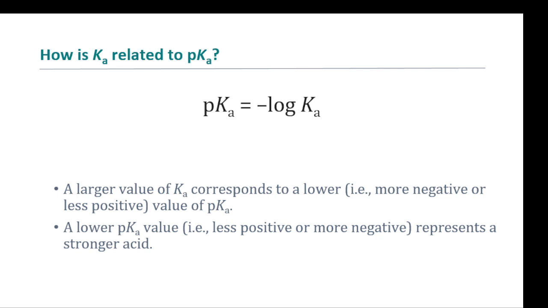Anybody remember how you want to do a negative log, by the way? Uh-huh. What if we want the Ka? Yeah. So we would go 10 to the negative power of the pKa, right? And that would equal the Ka. That's how you can undo one of those.